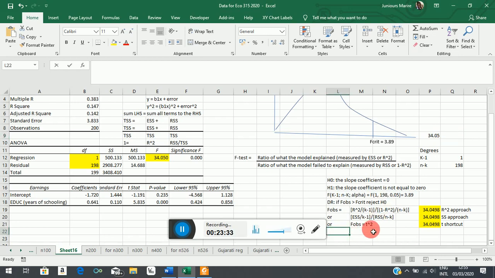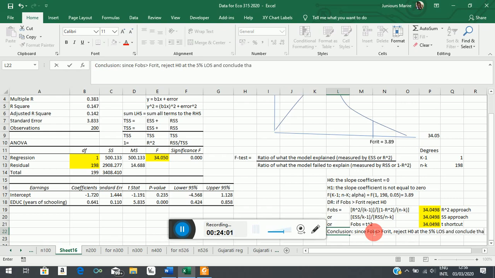Therefore our conclusion is, since F obs is greater than F crit, reject H naught at the 5% level of significance, and conclude that the model is significant. That is, the model is a good explanation.